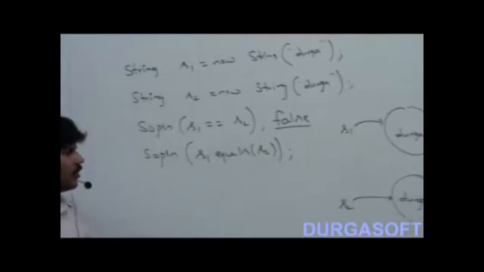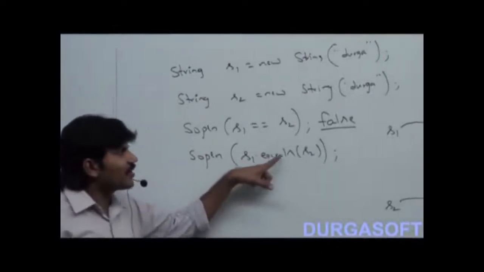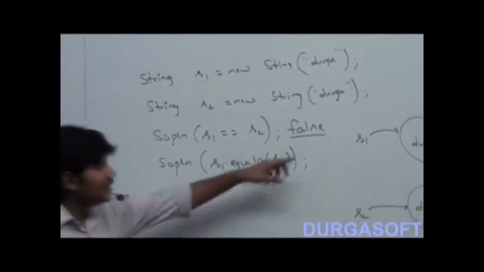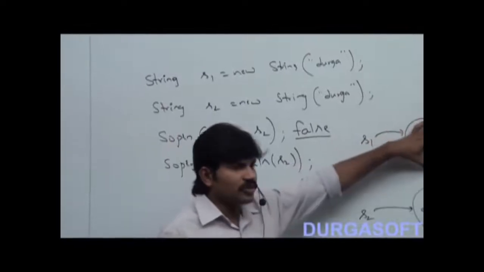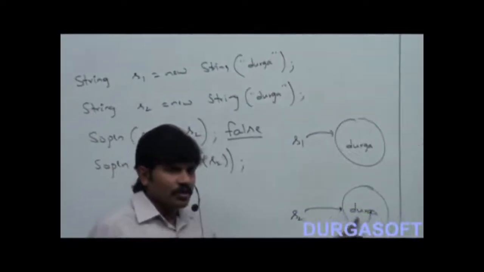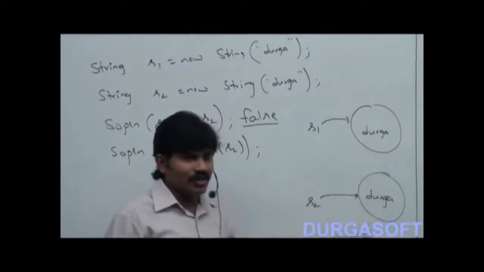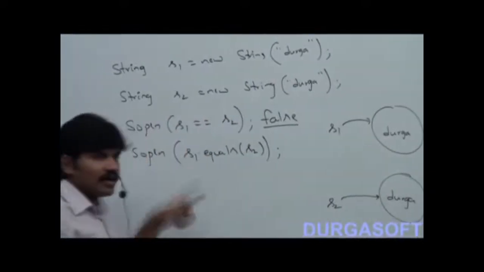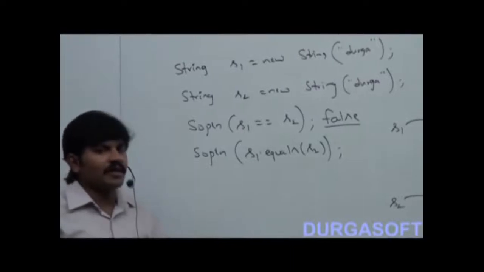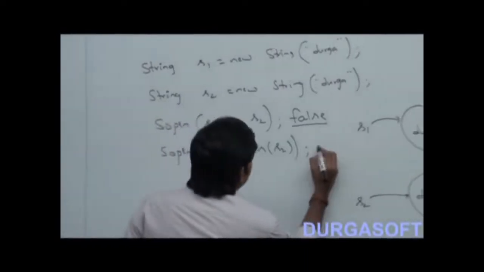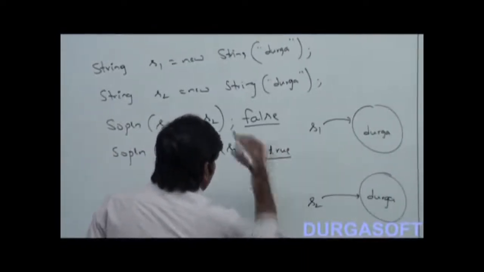Are you getting it? But S1 dot equals of S2: S1 points to this object, S2 here. Even though the objects are different, content wise both are the same. That's why the dot equals method is meant for content comparison, and the answer by default we are going to get is true.